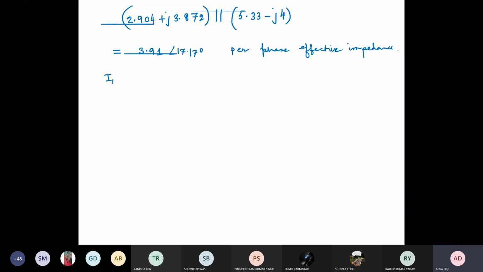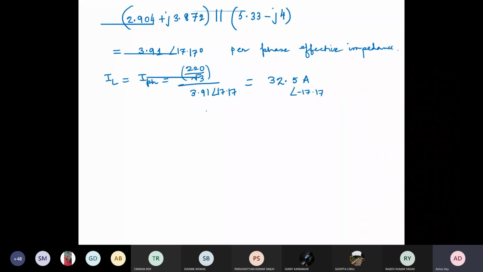So IL is equal to I phase, which is equal to 220 by root 3, which is V phase, divided by 3.91 angle 17.17. So that turns out to be 32.5 ampere angle minus 17.17.